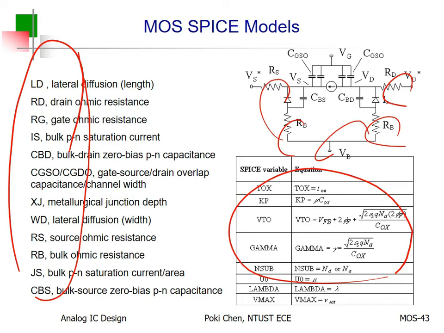You can see for only a MOSFET, never mind NMOS or PMOS, I promise you, more than 100 parameters. Okay? And you can ask your teacher how many he or she knows. Very few. Okay?